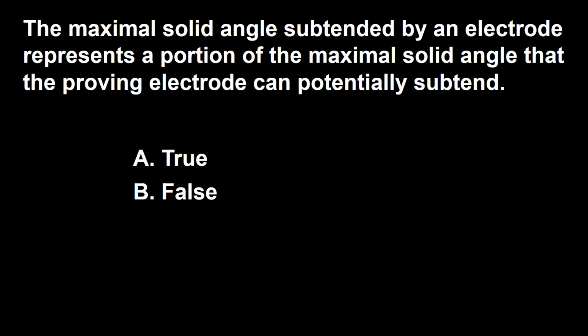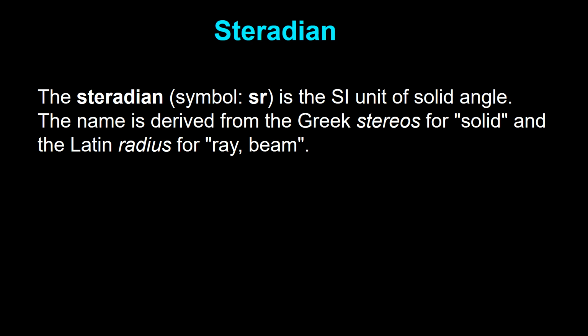Next question. The maximal solid angle subtended by an electrode represents a portion of the maximal solid angle that the probing electrode can potentially subtend. A true, B false. In order to answer this question, we must talk about steradians. The steradian is the SI unit of solid angles.